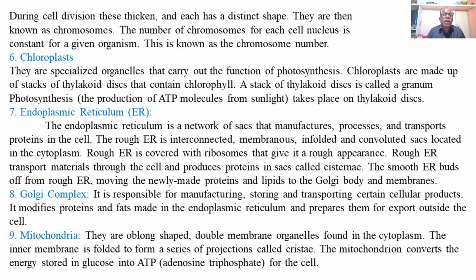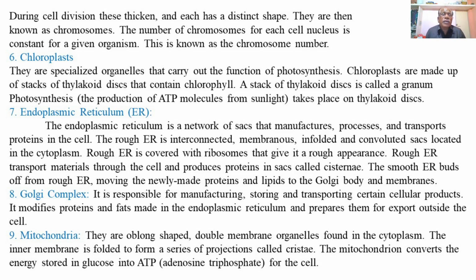So mitochondria are oblong shaped double membrane cell organelles found in the cytoplasm of the plant cells, and the inner membrane of the mitochondrion is folded forming cristae and possessing energy particles, performing the function of ATP synthesis, that is the transformation of glucose molecule into energy.